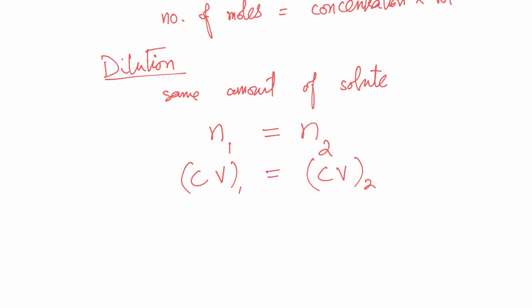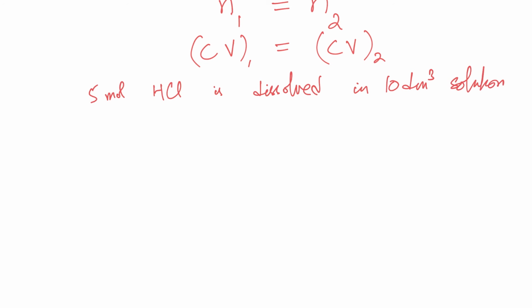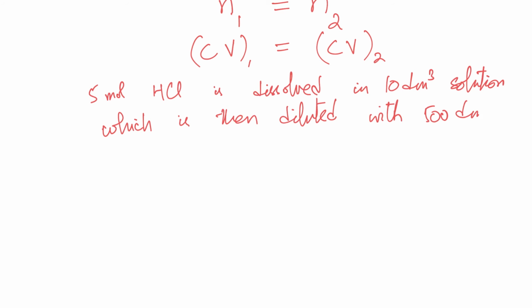So most of the time we know how much water is added. For example, here's this example. Let's suppose 5 moles of HCl is dissolved in 10 dm cube of solution, which is then diluted with 500 dm cube of solution.